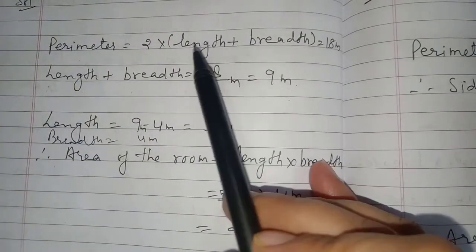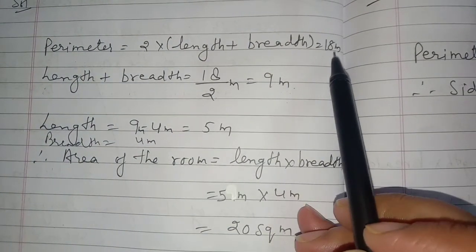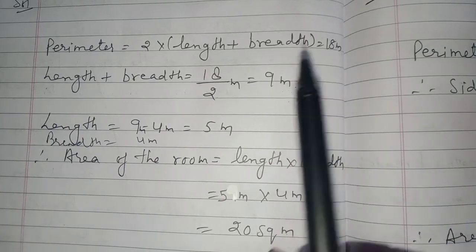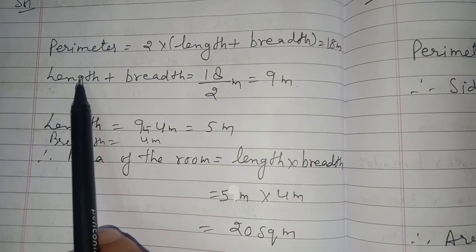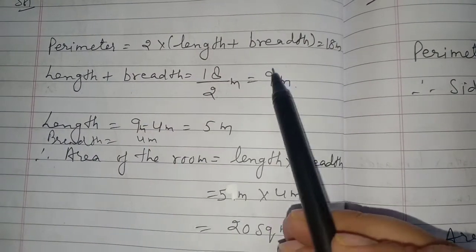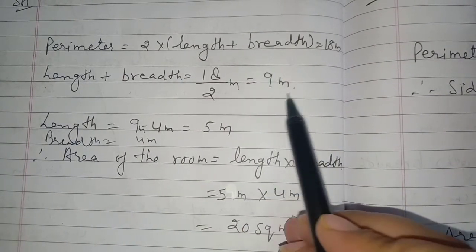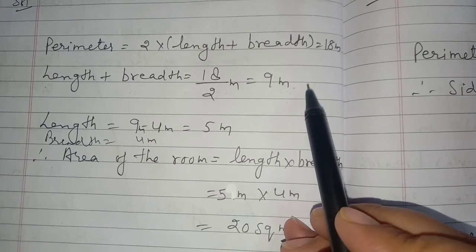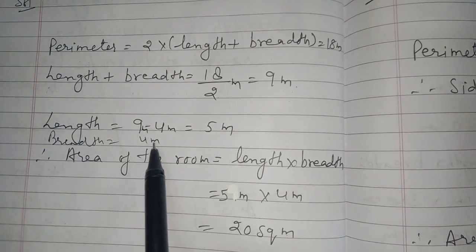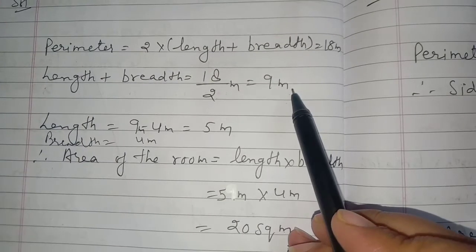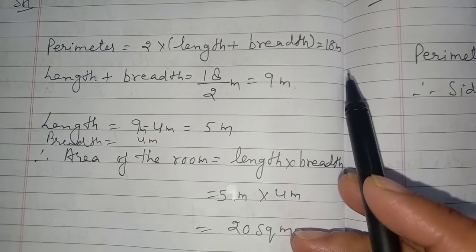Now perimeter means 2 into length plus breadth, and it is 18 meter. So if we want to find the total of length and breadth, we have to divide perimeter by 2, and we come to know that the total of length and breadth is 9 meter. Now breadth is known to us, that is 4 meter, and the total of length and breadth is with us, so we can easily find the length.